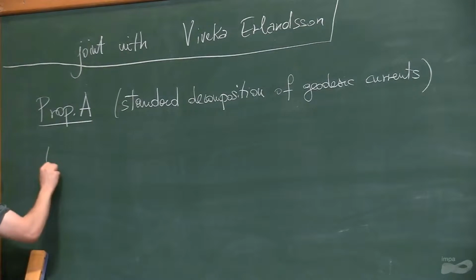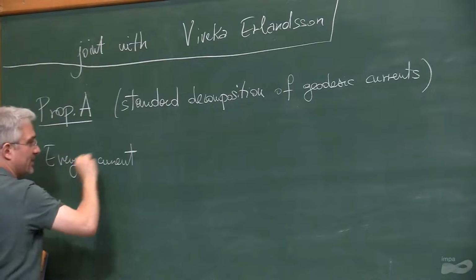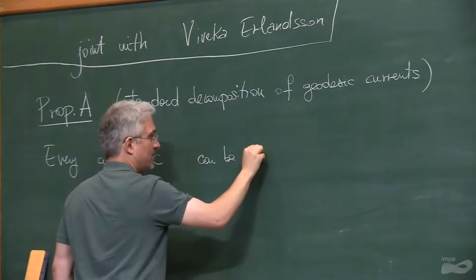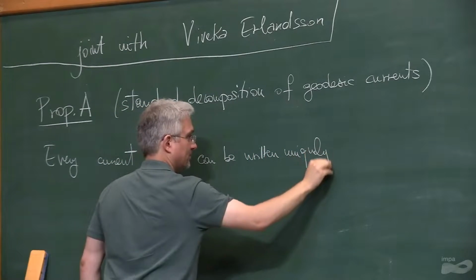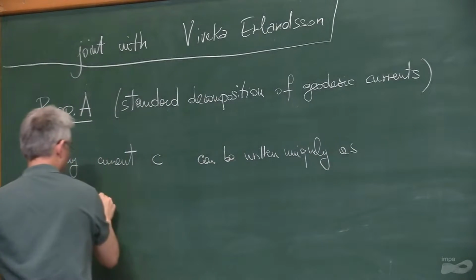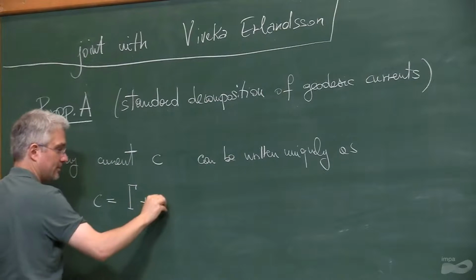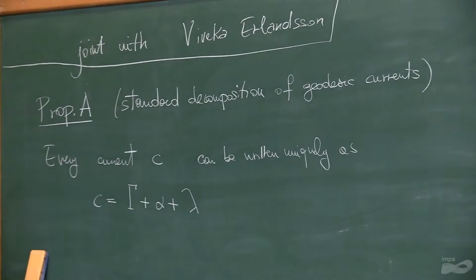Every geodesic current, which I haven't yet defined, C, can be written uniquely as something like this. Okay, so this is the first result.